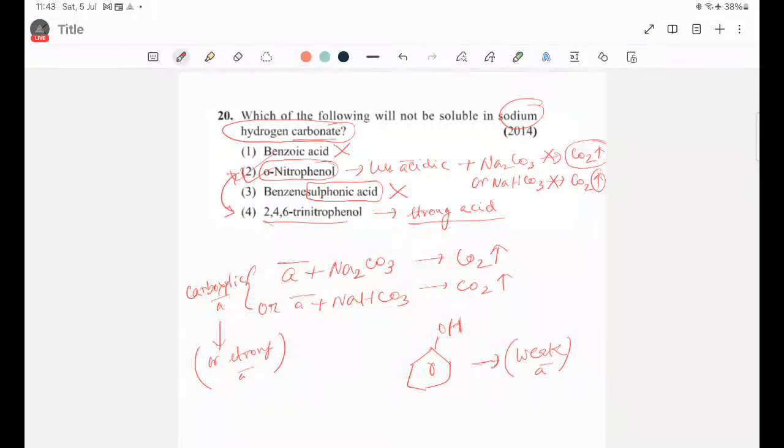If you have any doubt, put your queries in the chat option and I will try to solve them. Otherwise you can just put the word okay, so that I can understand that you have understood the whole concept in this PYQ session.